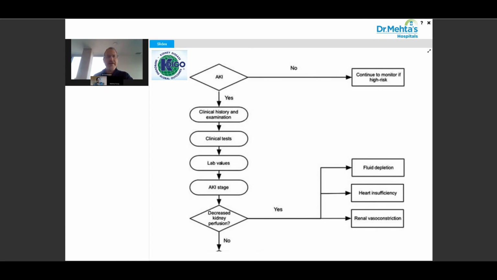Then if they have AKI, obviously history and examination, tests, lab values, stage the AKI. And if they have decreased kidney perfusion, then you have to determine, are they fluid depleted? Do they have heart insufficiency? Or do they have a reason for renal vasoconstriction?